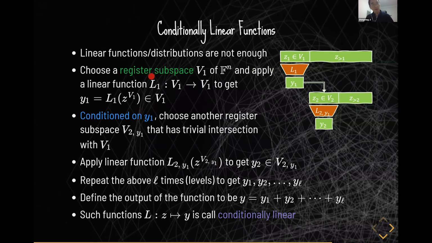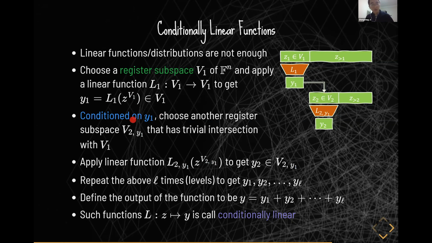You measure a linear function of some subset of the bits in Z, apply linear function L1 to get Y1, and then conditioned on Y1, you apply some other linear function in some other space.